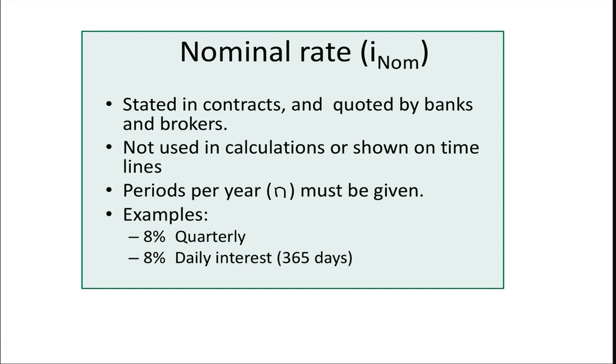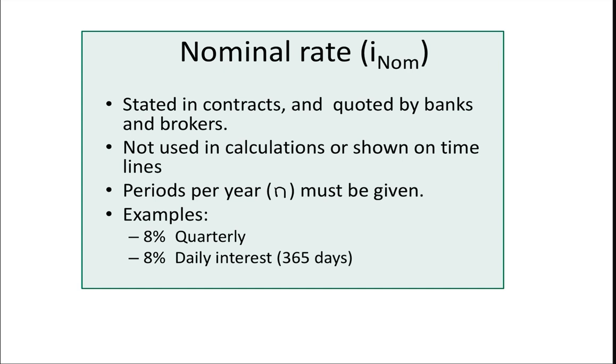Now we're going to move on to the difference between nominal rates and periodic rates and how they're used. So a nominal rate is the rate that is usually stated in contracts and quoted by banks and brokers.